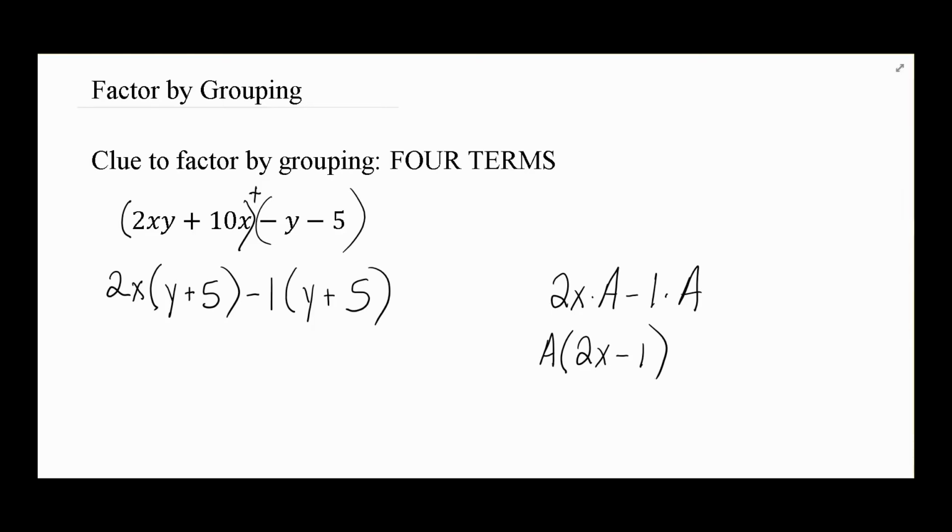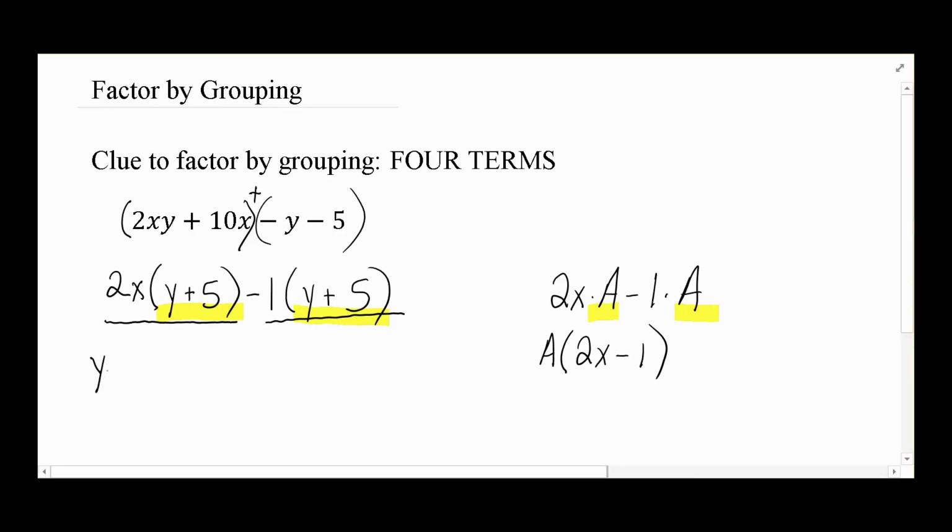But then I want you to realize that that's really all that's going on over here in our actual problem. Only instead of an a, I have a y plus 5. So I want you to notice that our entire first term there has a factor of 2, x, and y plus 5. Our entire second term there has a negative 1 and a y plus 5. Both terms have a y plus 5 in them.